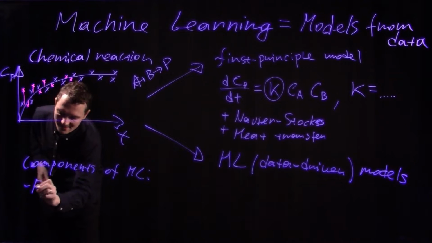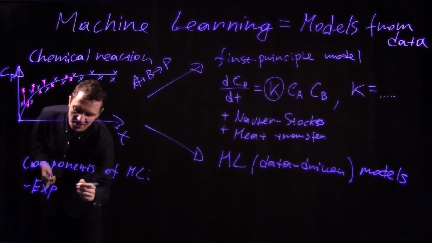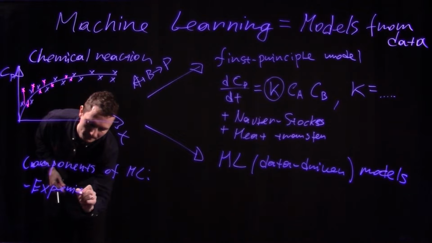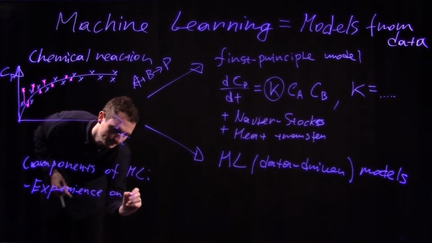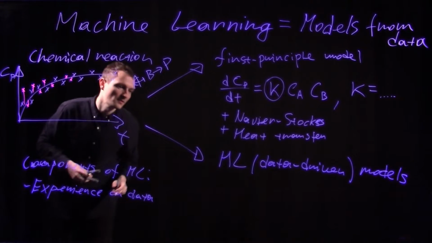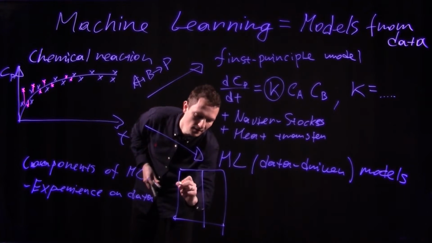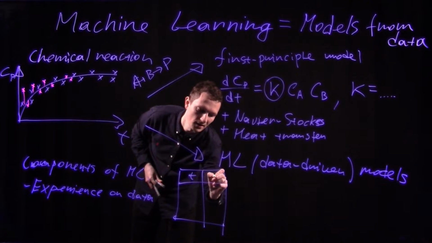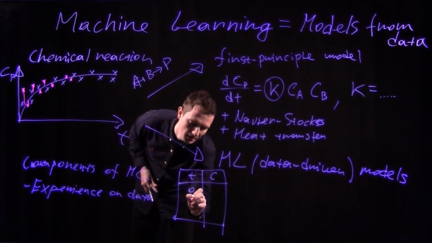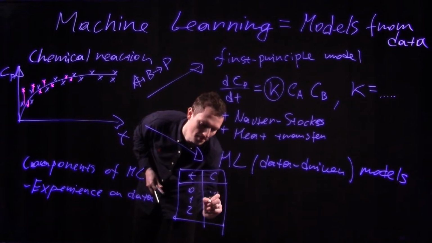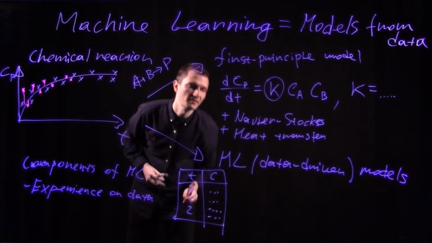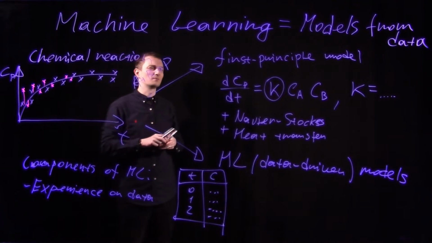So basically you use experience, or your measures, your data, that might be, for example, some sort of a table, and in this case we have time, and we have concentrations, and we have some data. Just simply the data we use to build our model on.